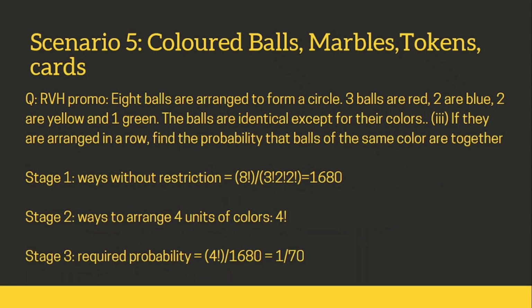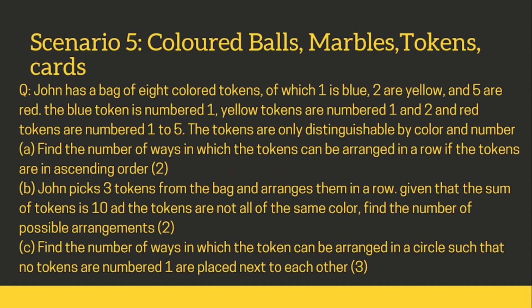Skip. Yeah. Okay. So next question is John has a bag of 8 color tokens, of which 1 is blue, 2 are yellow, and 5 are red. The blue token is number 1, the yellow token is number 2, and then the red tokens are then number 1 to 5. So the tokens are only distinguishable by color and number. So part 1.